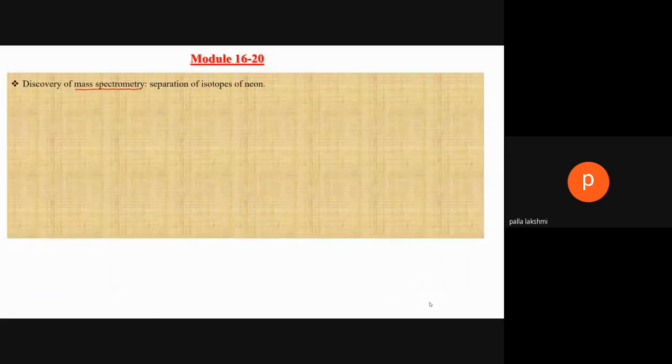So mass spectrometry was discovered when people dealt with the separation of isotopes of neon, and this was discovered by J.J. Thomson. Now, you should note that this is not a spectroscopy, this is a spectrometry.